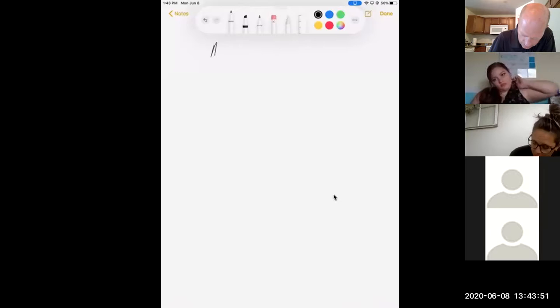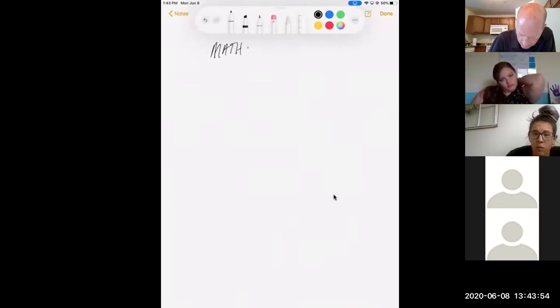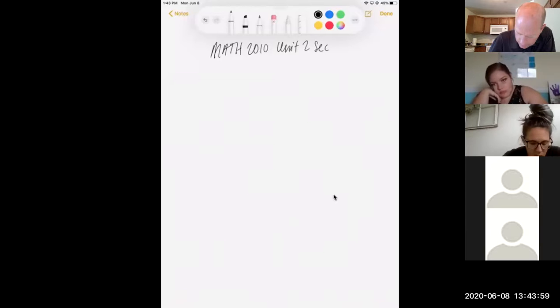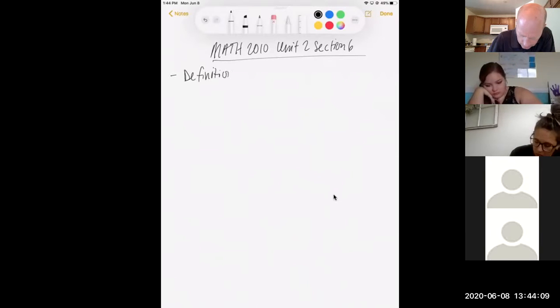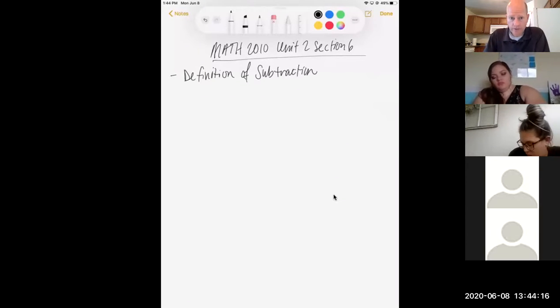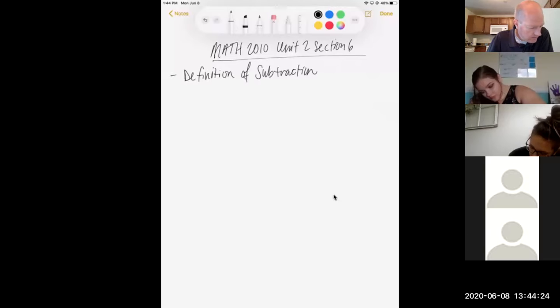I meant to say unit. Unit 2, section 6. We're going to start subtraction today. Now that we know about addition, rational numbers, fractions and decimals, we can do subtraction, and then we'll start subtracting and adding them, combining all that together. And that's how we'll finish out the unit.